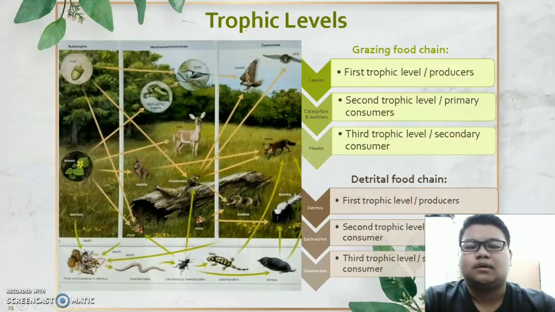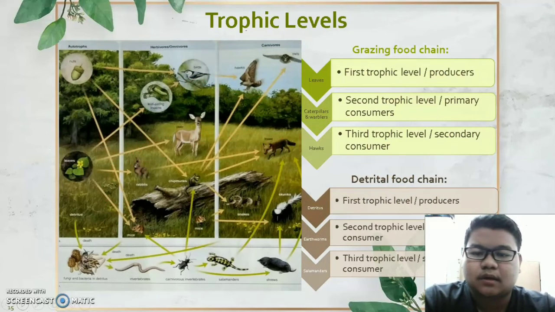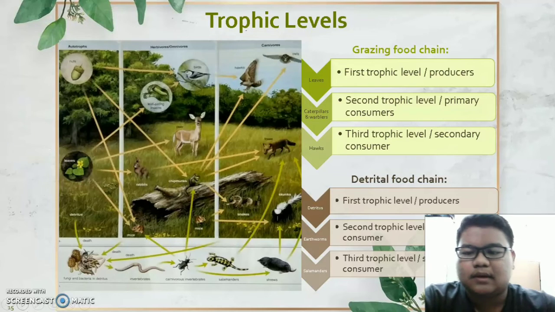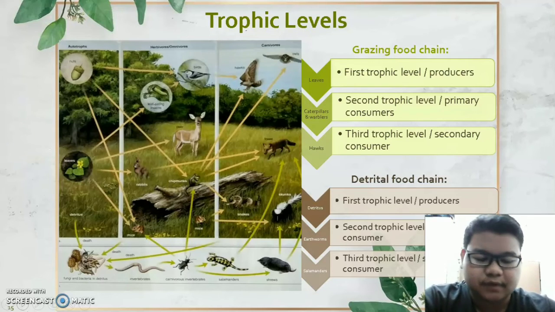Trophic levels. Trophic levels refer to the level of the consumers in a food web or chain. The first one are leaves, or the producers, which are at the first trophic level because they are the first ones to produce nutrients.